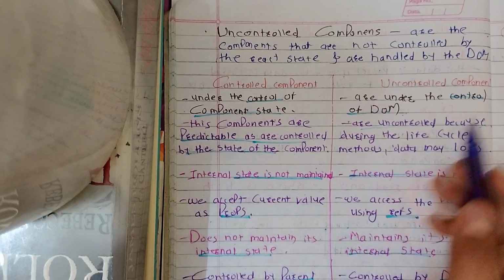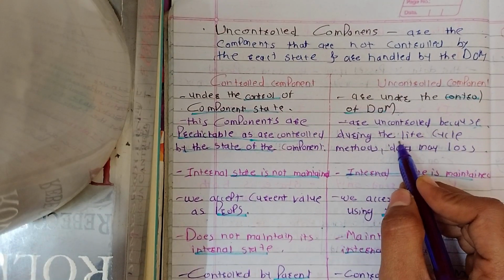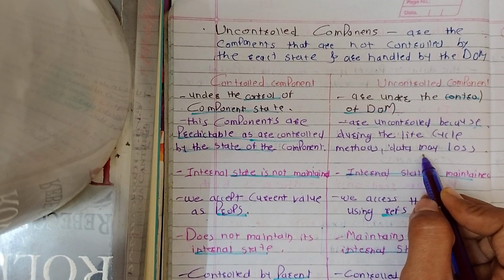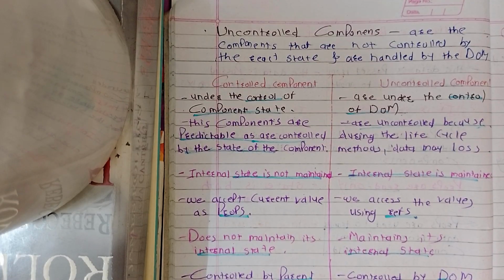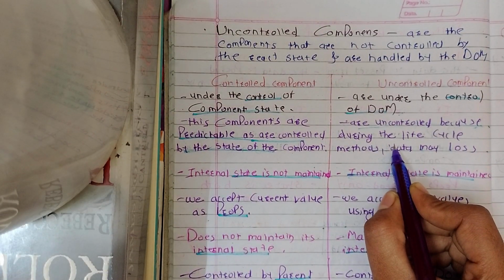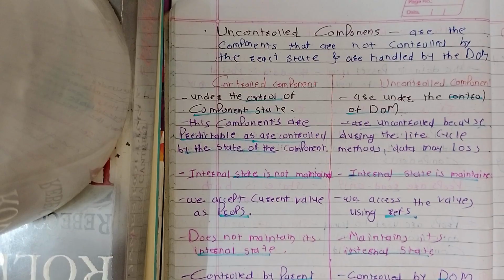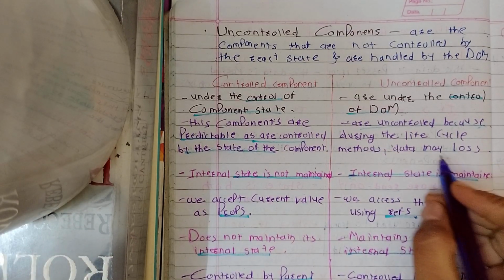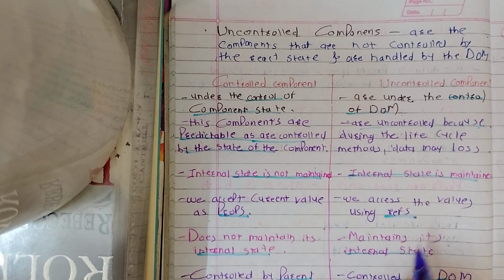Whereas in uncontrolled components, during life cycle methods data may be lost, because they do not purely depend on React and are not under its control.